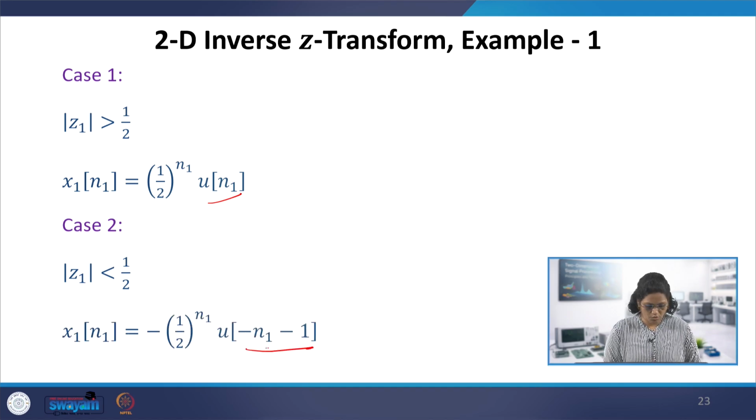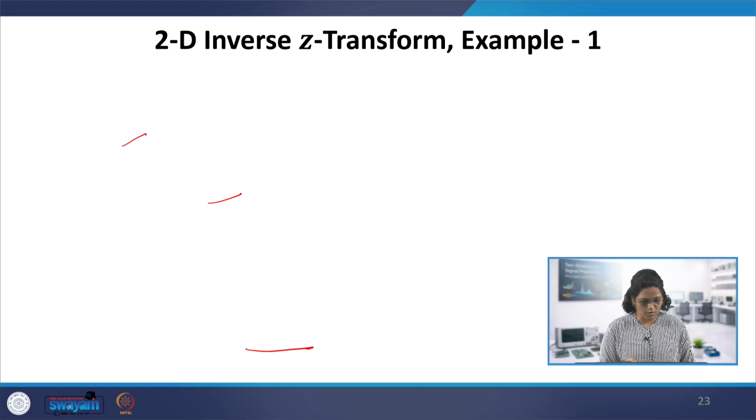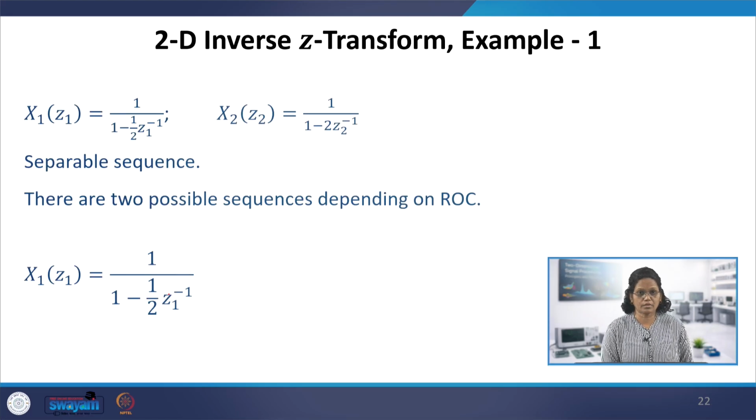So we had seen this sequence and this sequence resulting in the same Z transform, but the ROCs were different. We can conclude that there are two possibilities for this particular Z transform: z1 greater than half or z1 less than half.